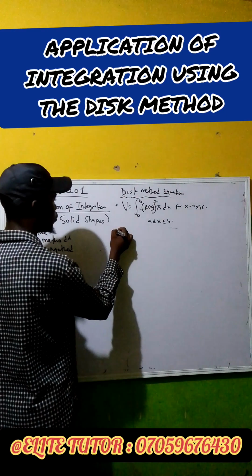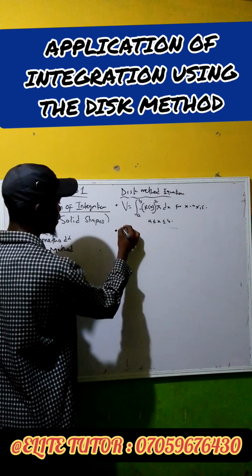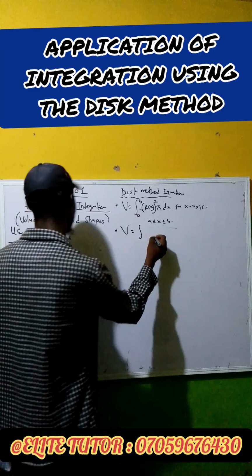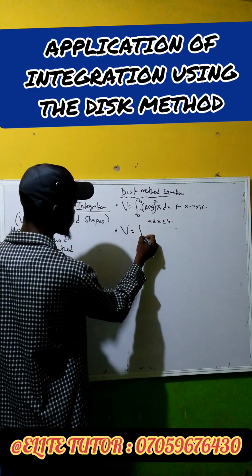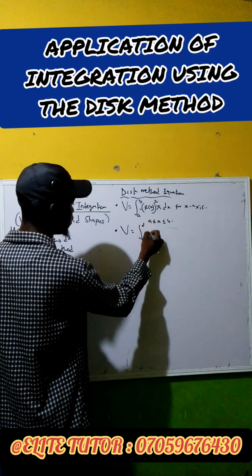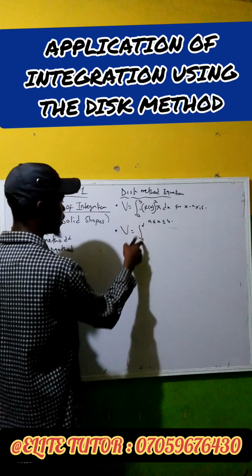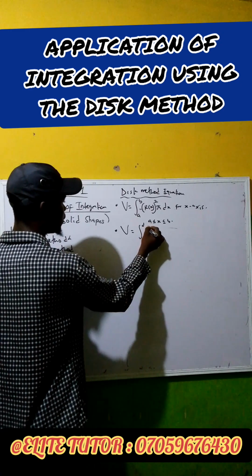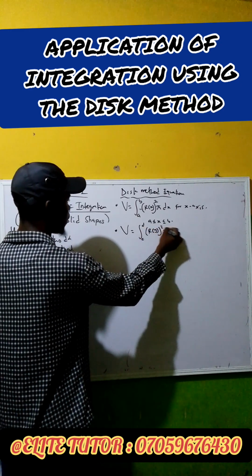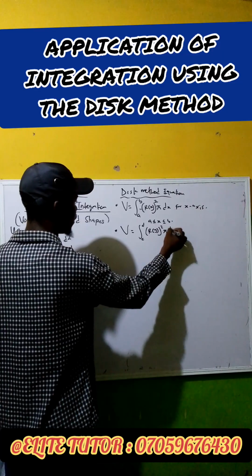For the y-axis, you have V equals the integral of c to d. After you have a, b, c, d, it's very clear. Then in brackets r of y, all squared, and pi dy.